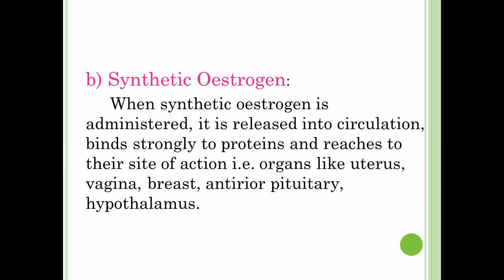So this synthetic estrogen, after administration, is released into the systemic circulation, that is, into the blood, strongly binds to protein, and then reaches the site of action. The site of action organs are the uterus, vagina, breast, anterior pituitary gland, and hypothalamus.